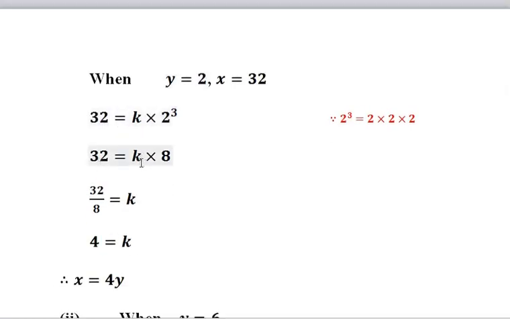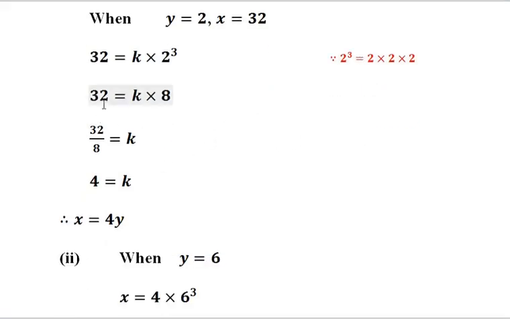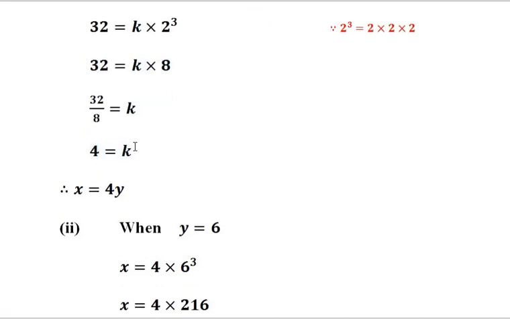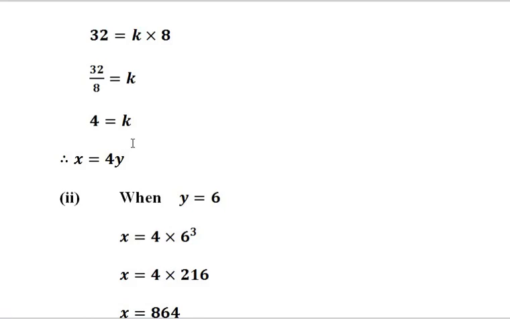Now 2 raised to the power 3 is equal to 8. And to find k, this equation can be written as 32 upon 8 equals k. Since 8 times 4 equals 32, the value of k is 4.